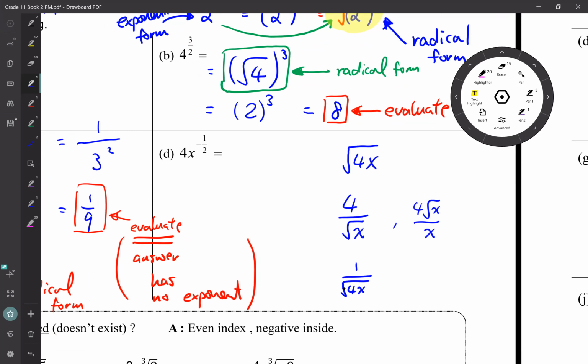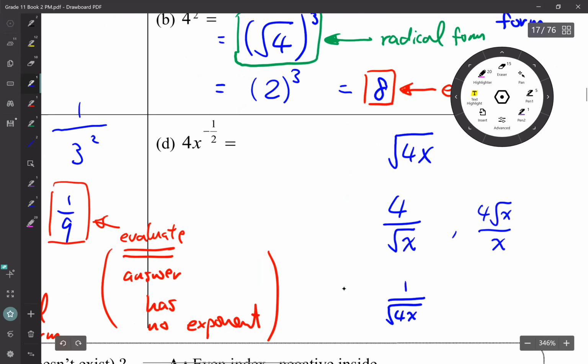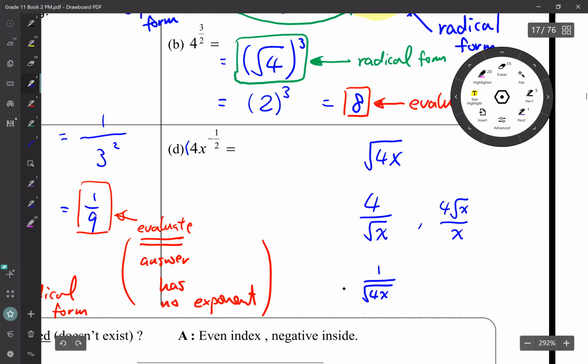Right. So, Marcus, here we have an exponent, right? What's the exponent here? Negative 1 over 2. And what do you think is the base for the exponent? 4x. Okay, if the base is 4x, then there should be a bracket around the 4x.